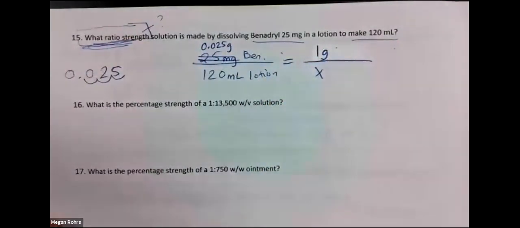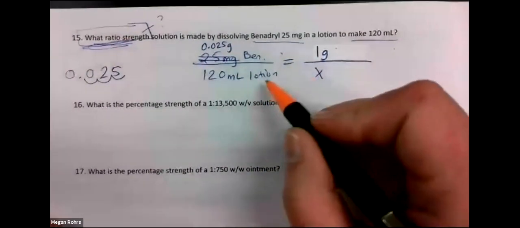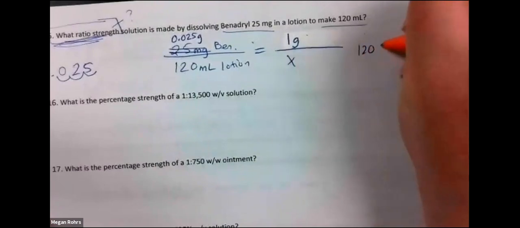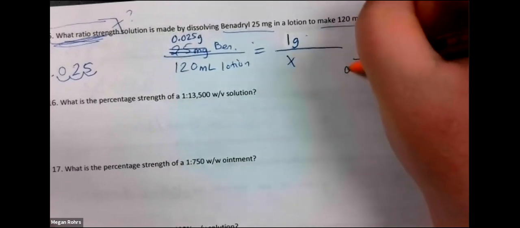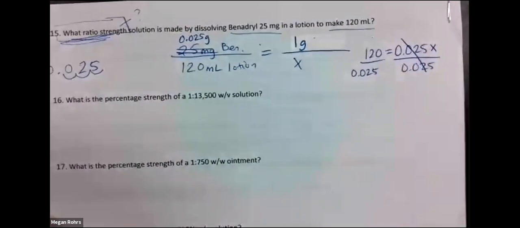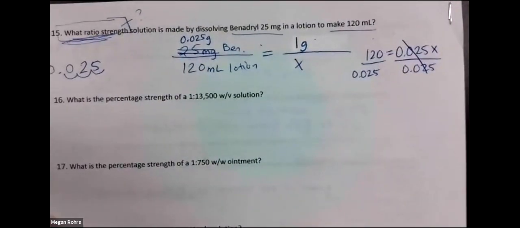Now we can solve for our x here. So we're going to have 120 equals 0.025x. Divide on both sides.